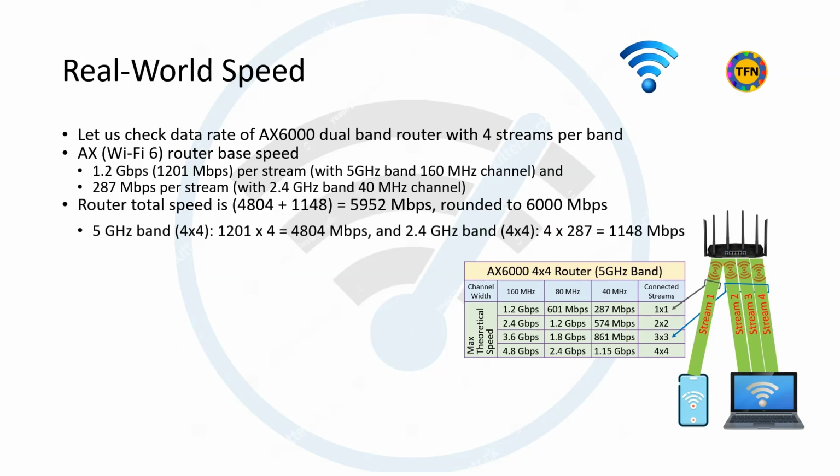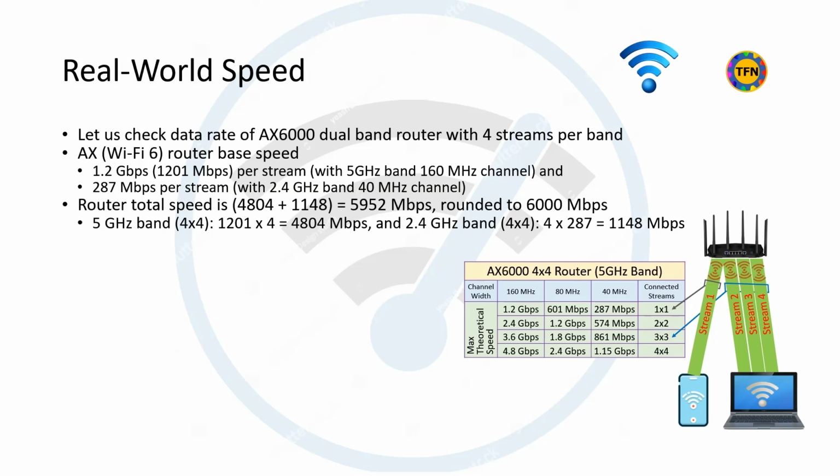Router theoretical maximum speed with 5 GHz band is 1201 times 4 equal to 4804 megabits per second. With 2.4 GHz band, it is 287 times 4 equal to 1148 megabits per second. We get 5952 megabits per second after adding the two speeds, which is rounded to 6000 megabits per second.